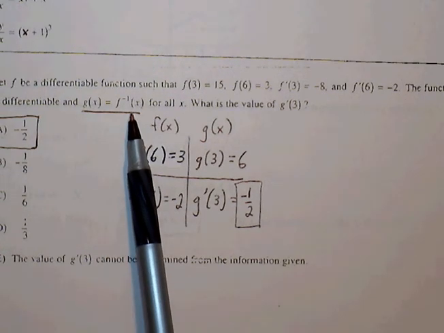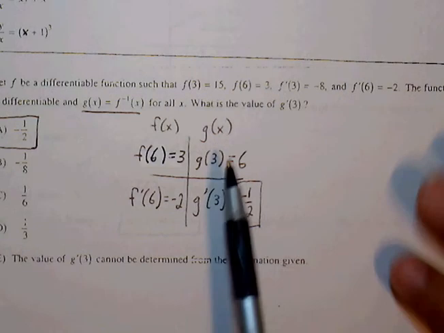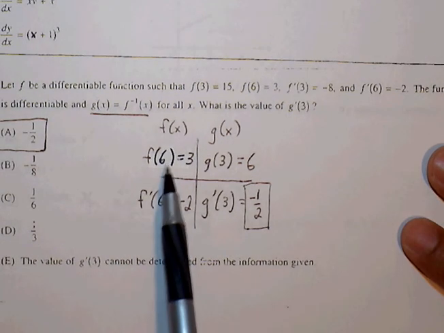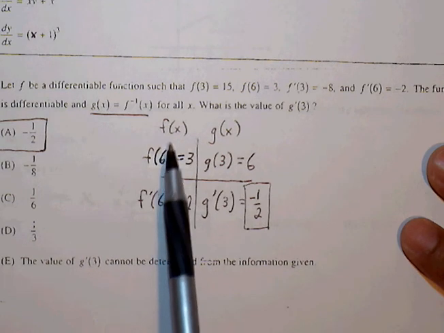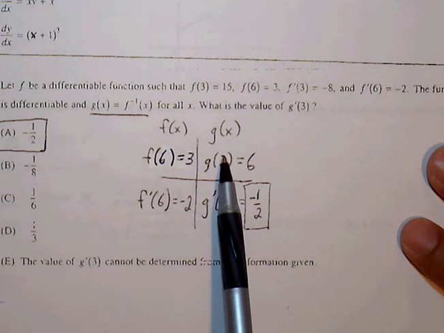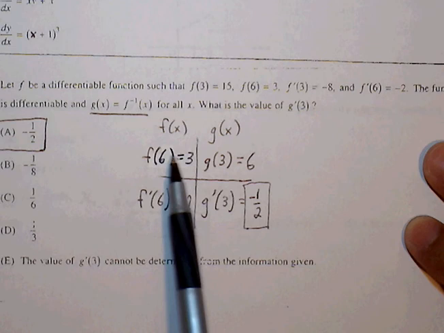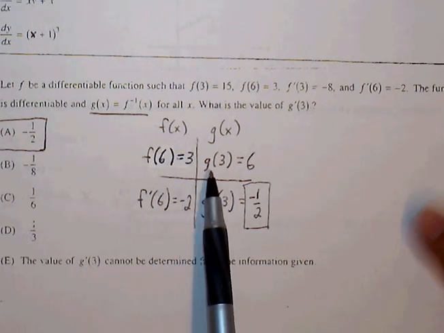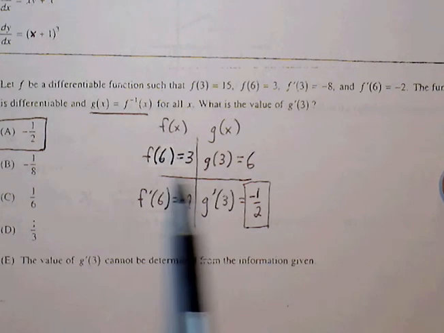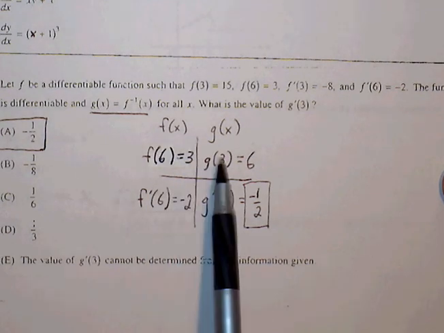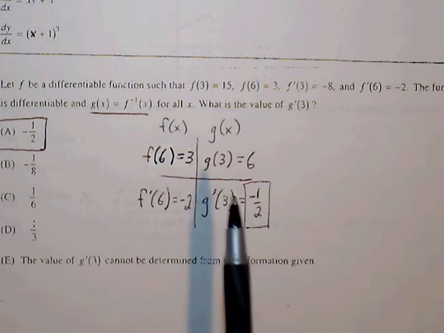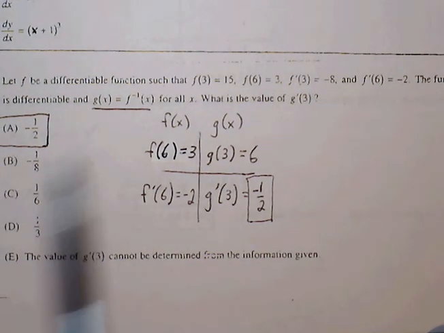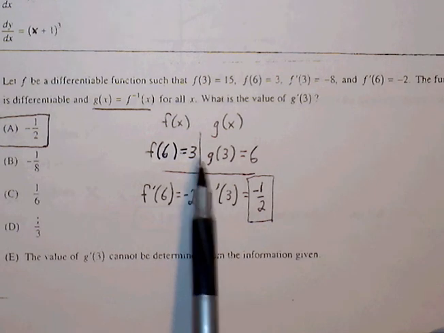So I like to make a table here with f of x on one side and g of x on the other. We know that their ordered pairs must be reversed. So if g of 3 is equal to 6, then f of 6 is equal to 3. That is the property for functions that are inverses of each other.